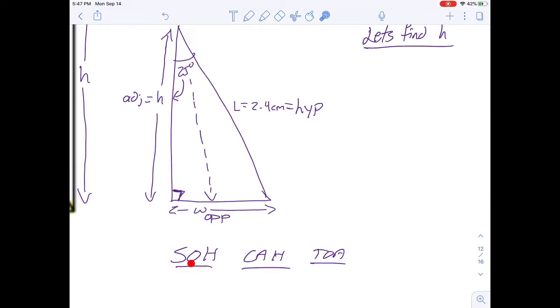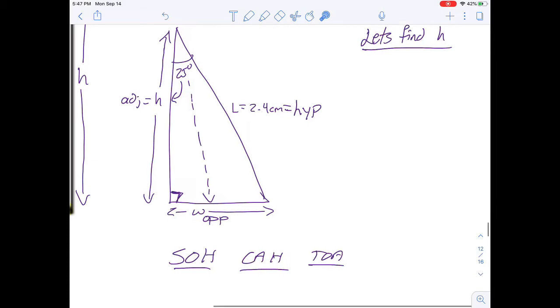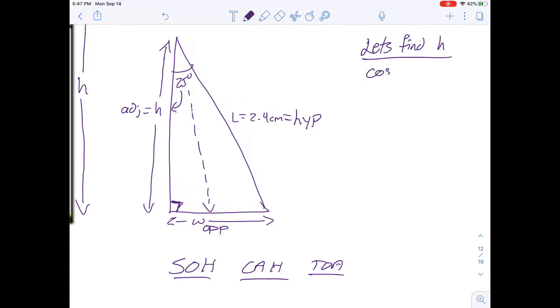Looking at this, we're looking for adjacent and we have the hypotenuse. So SOH won't work because that's finding opposite. CAH: we have the hypotenuse and we're trying to find adjacent, so it looks like we're going to use cos. Cos of the angle equals adjacent over hypotenuse. So here we're going to do cos 25 equals the adjacent, which is what we're looking for, represented as h, over my hypotenuse, which is 2.4 centimeters.